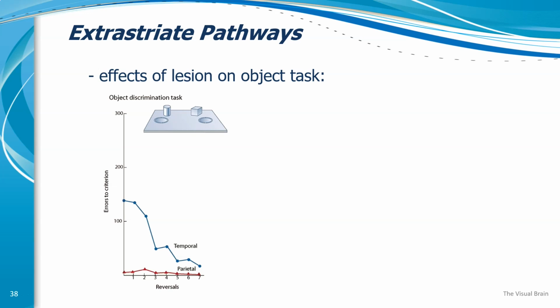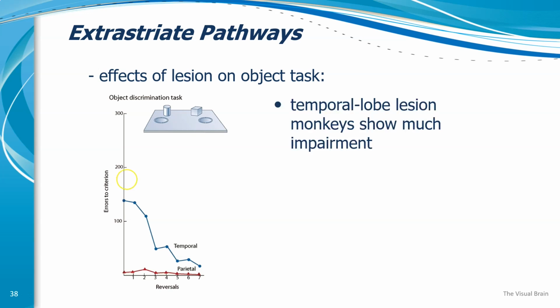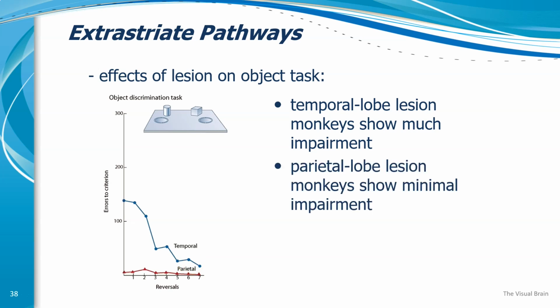Let's take a look at the two different groups. One group had lesions to their temporal lobe. Pretty clearly, there's a lot of impairment because initially they're making over 100 errors to get back to criterion. It does improve over time, which is pretty interesting. But the main thing is to look at the difference between the temporal lobe lesion group and the parietal lobe lesion group.